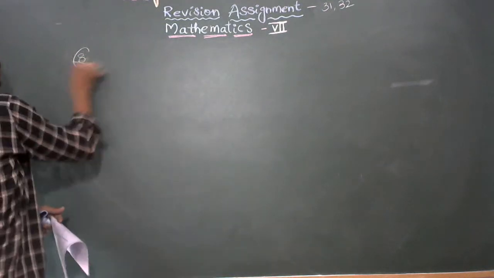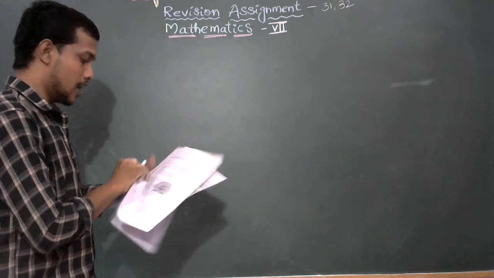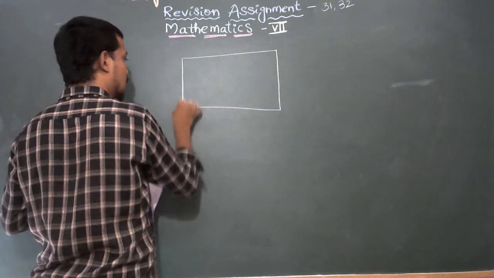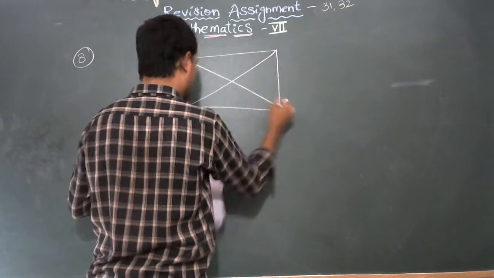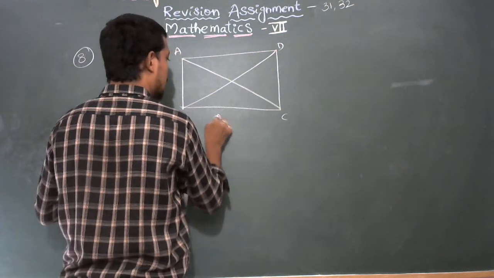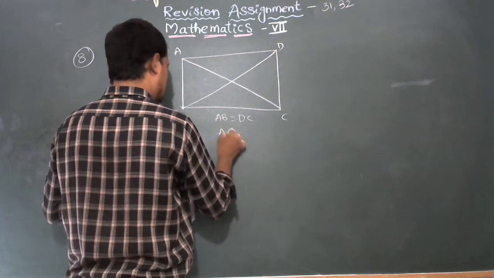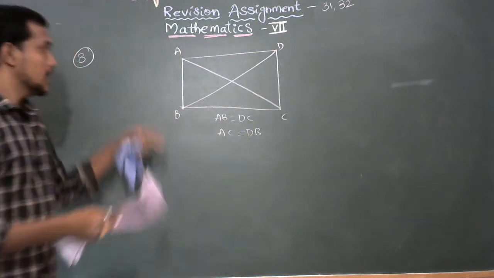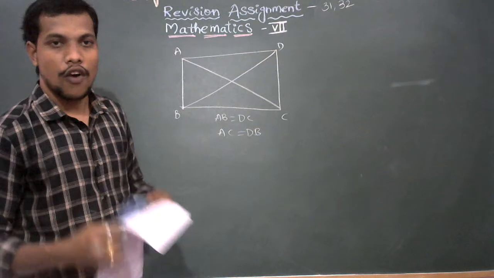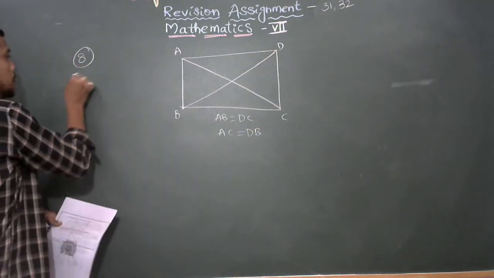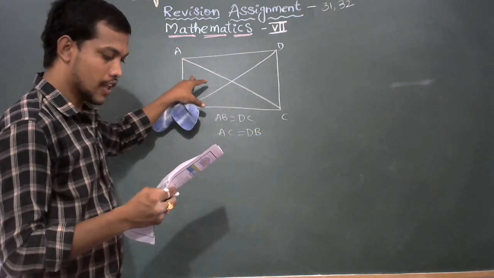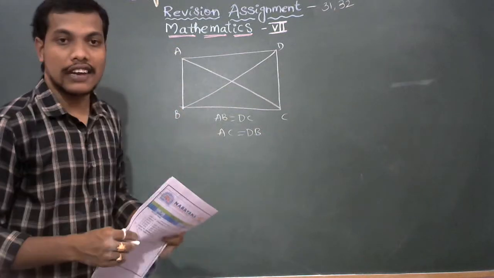Now, the eighth one. We are given AB equal to DC, AC equal to DB. In the figure given below, they are asking whether this diagram is correct or not.